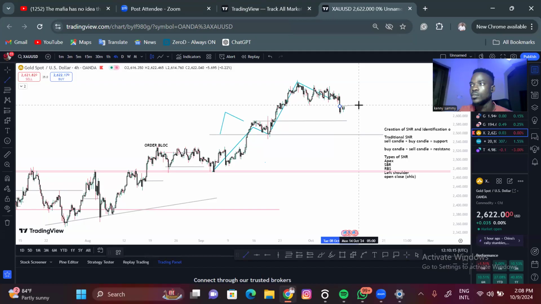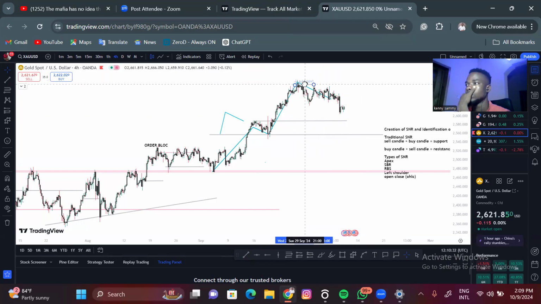It can break it, it might not break it, but let's say it breaks it. Where will our apex level be? Our apex level will be at the highest level of resistance on this structure. So on this structure, this is our resistance here, and this is the apex of the resistance we are looking at here.